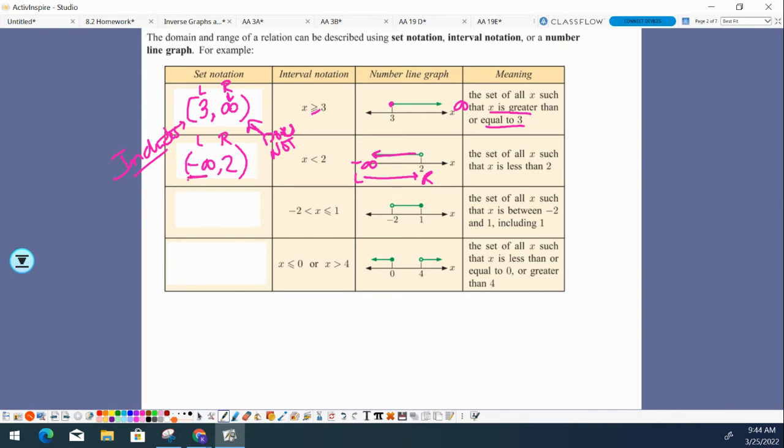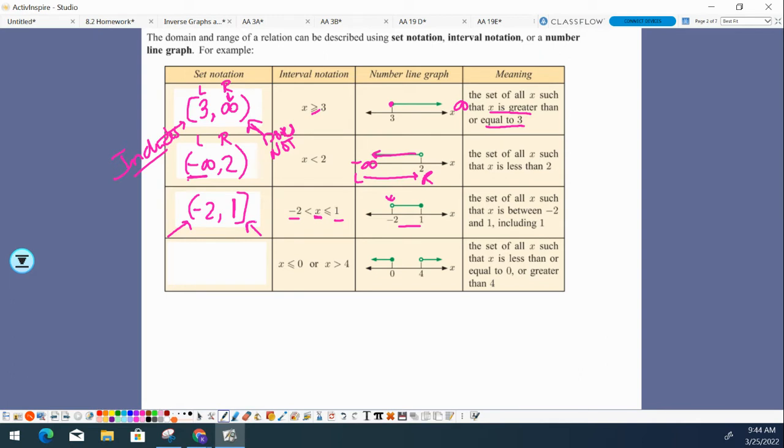Okay? But here's an example of where it's just specific values. So it's in between, see how X is in the middle of negative 2 and 1. It does not include, open circle for negative 2, so negative 2 would get a parenthesis, and it goes up to positive 1, where it includes 1, so you use a bracket. Does not include, does include.